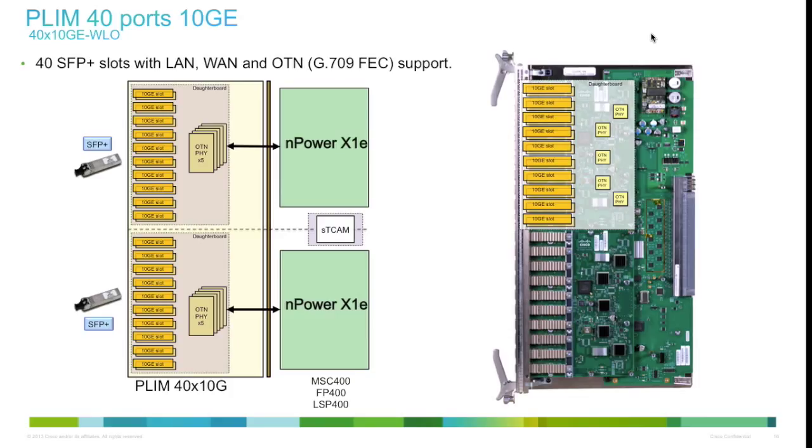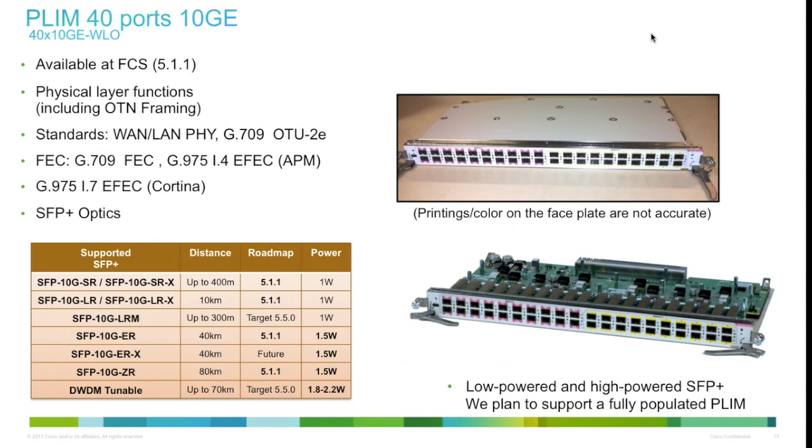So if you remember, we described the concept of slice earlier, and here it will be easy to see the slice because we will have two daughter boards of 20 ports each. So each slice will match one daughter board, and each daughter board will be facing one nPower X1E on the MSC FP or LSP 400 card associated to the PLIM.